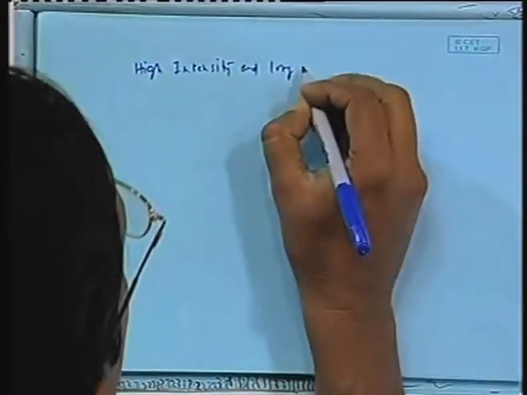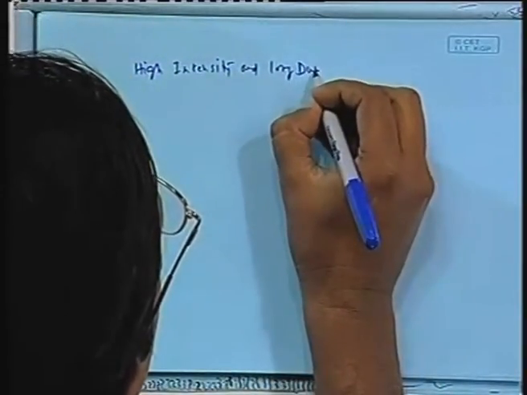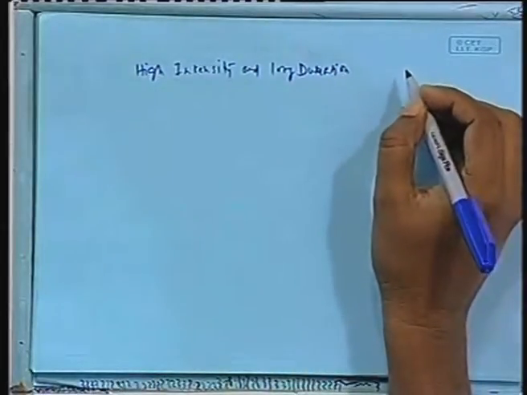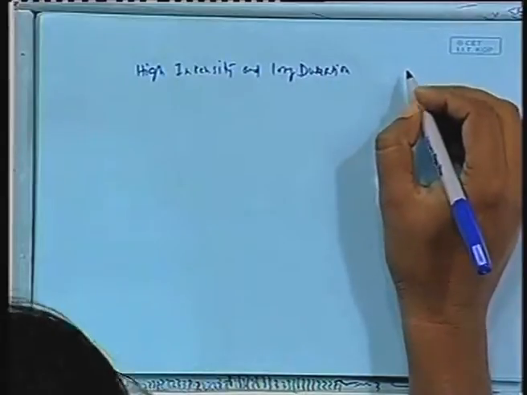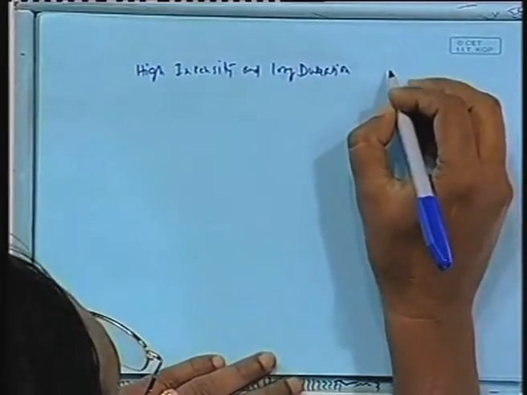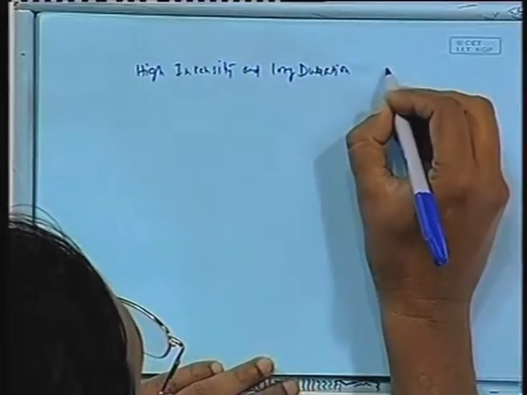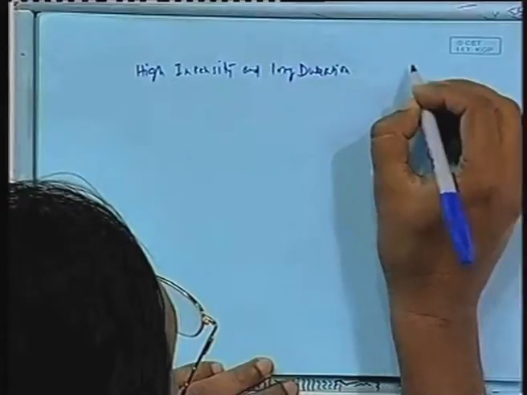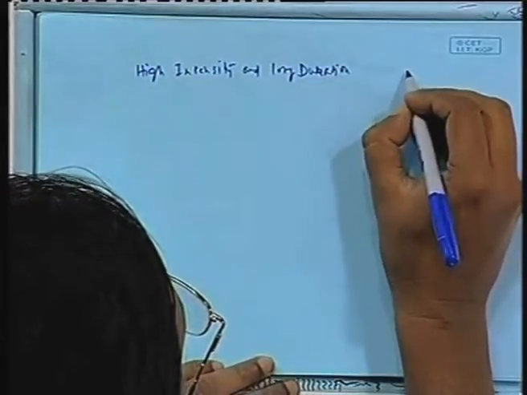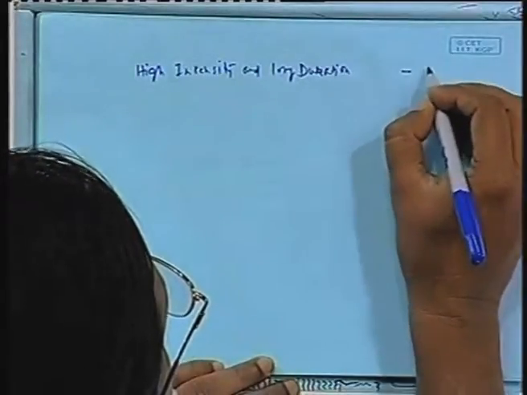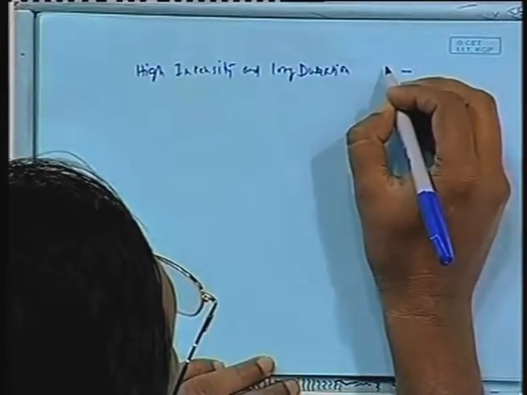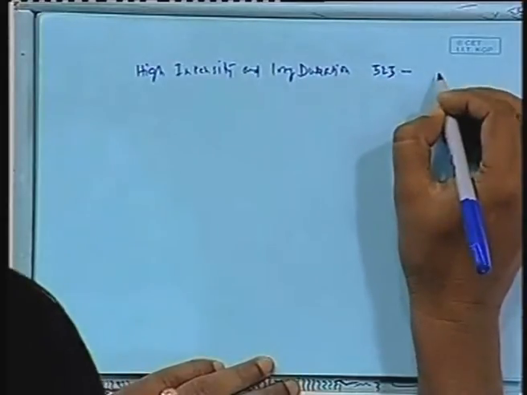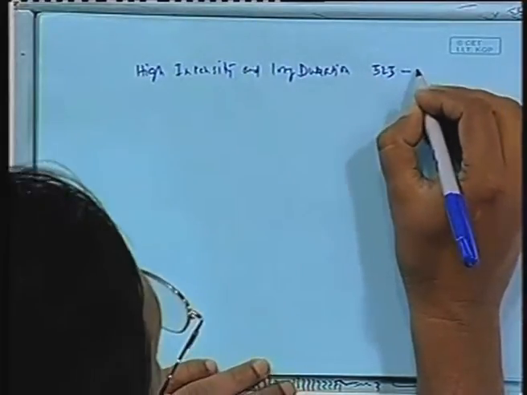For high intensity and long duration, the values would be between 525 and about 450.